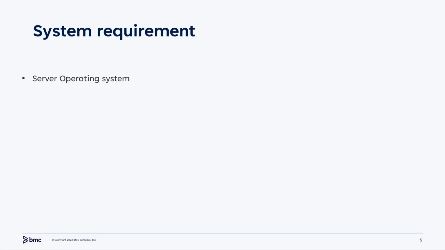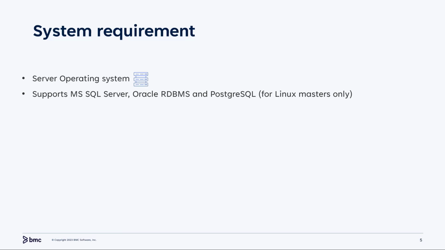The installation of BMC Client Management is limited to server operating systems. It is compatible with Oracle and SQL databases as backend options, and PostgreSQL is supported specifically for Linux boxes. Additionally, BMC Client Management Setup provides the option to install MS SQL Express on the master server for Windows servers only.